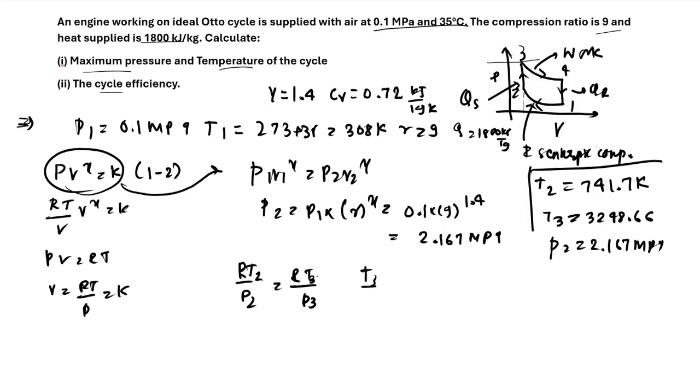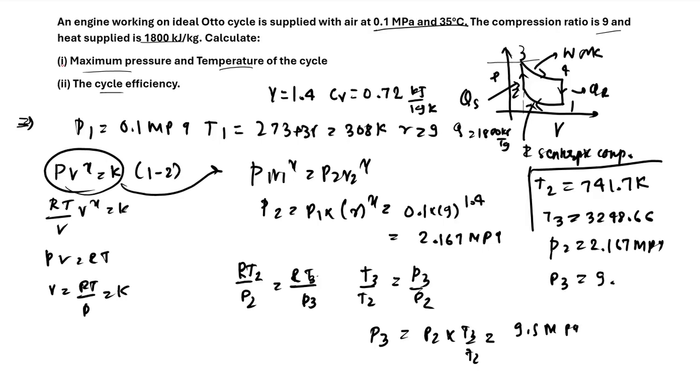So you have T3 by T2 equal to P3 by P2. From there, you can calculate the P3 value as P2 into T3 by T2. And P3 from there will come out to be 9.5 megapascal. So P3 will come out to be 9.5 megapascal.